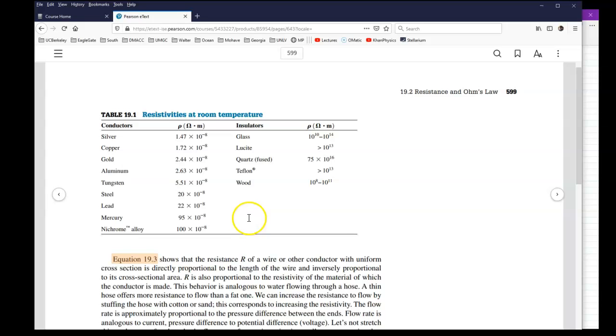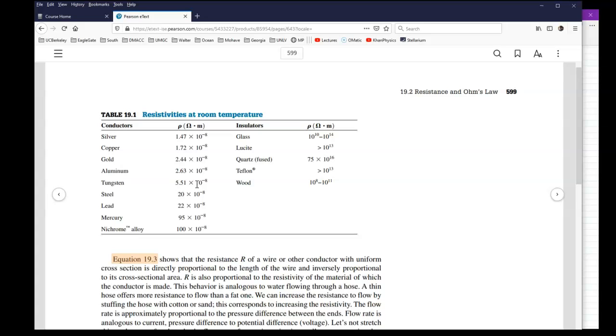So when you're working on a problem, you need to come back to this table and plug in those numbers. I would advise you to use this table, not, say, the internet, because from my experience with resistivity, I've noticed that on the internet or even using a different textbook, they may give you a slightly different number, and that will change your answer slightly, especially if you're working on a Mastering Physics assignment.